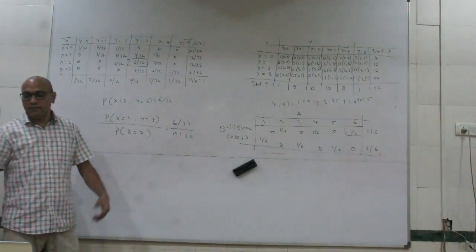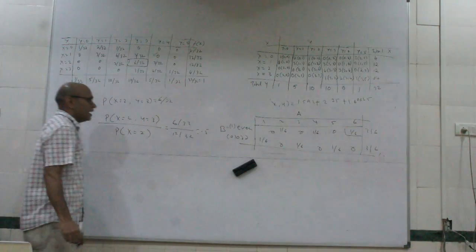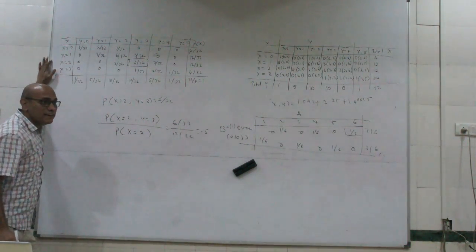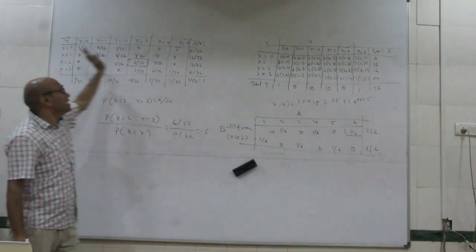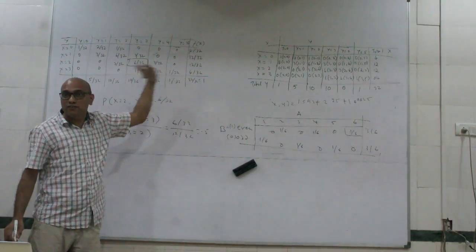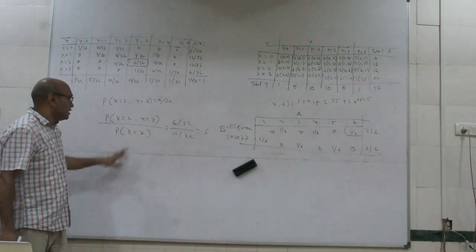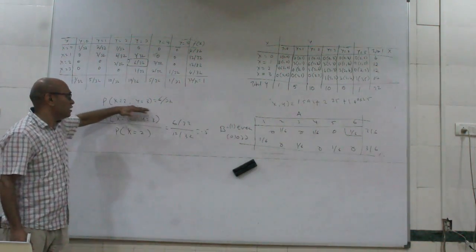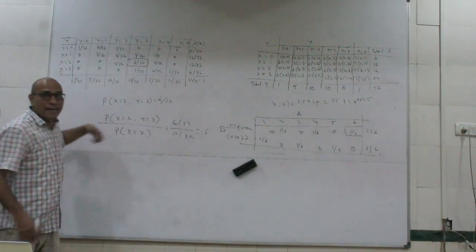That is, the chance is half, or 0.5, that if we know that x has taken a value 2, then the chance that y will take a value 3 is 1/2.